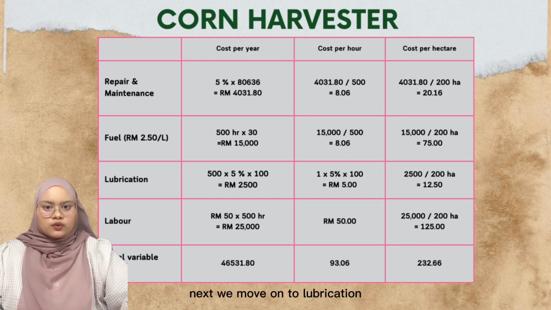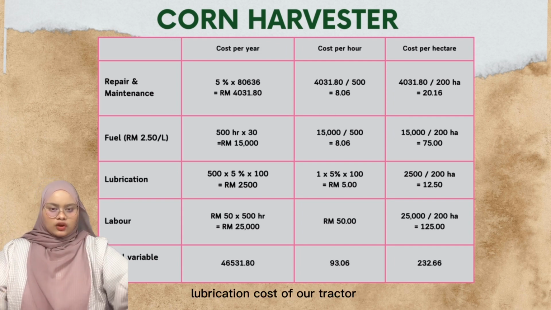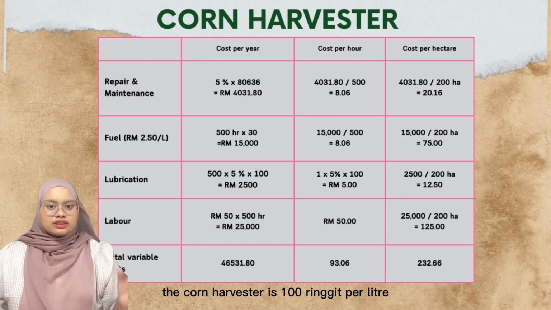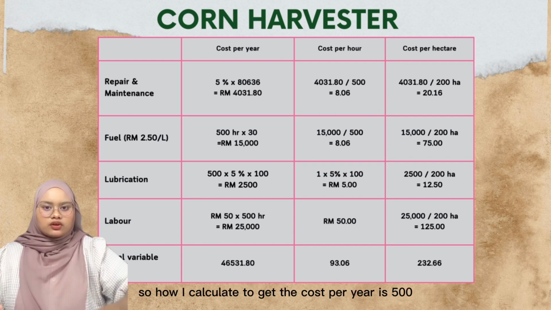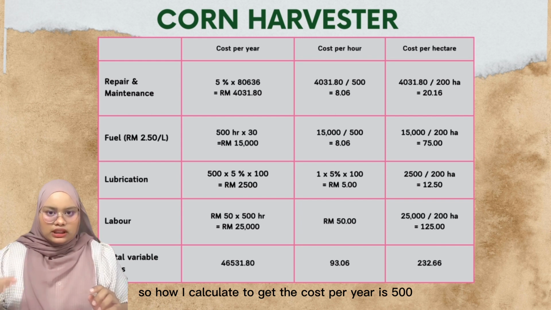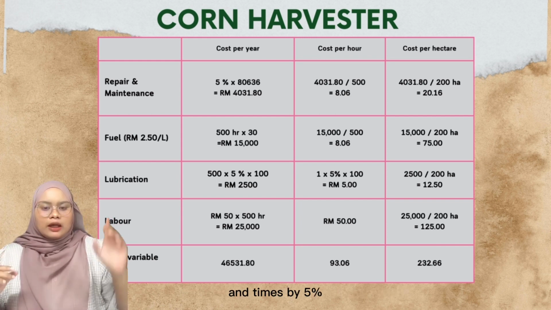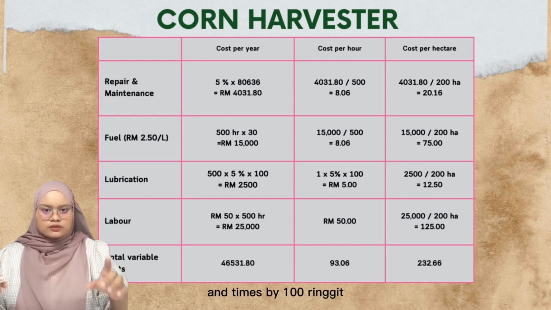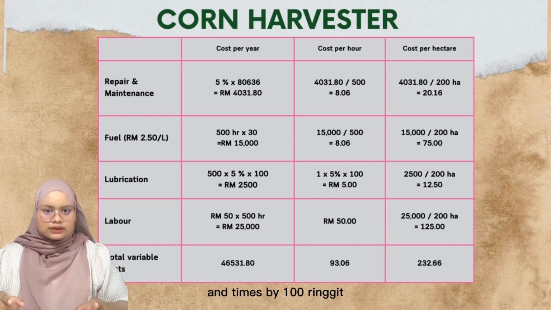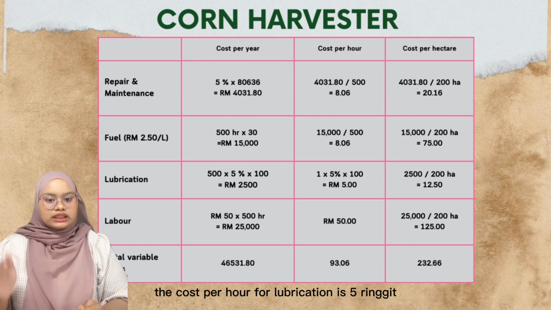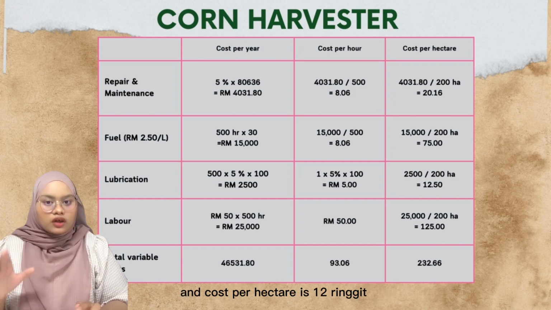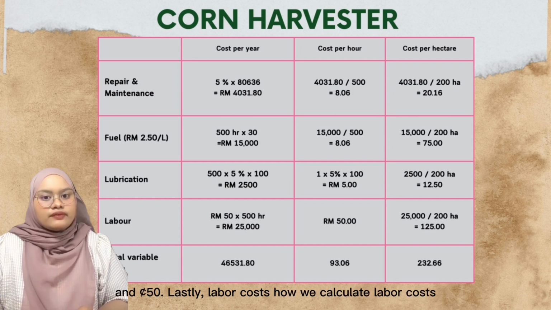Next, we move on to lubrication. Lubrication cost of our tractor corn harvester is RM100 per litre. So how we calculate the cost per year is 500 hours, the annual use rate of our tractor, times 5% and times RM100 per litre. Cost per hour for lubrication is RM5, and cost per hectare is RM12.50.